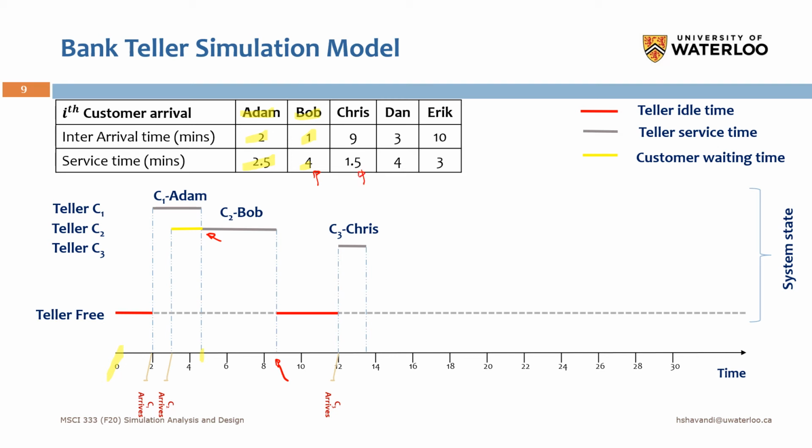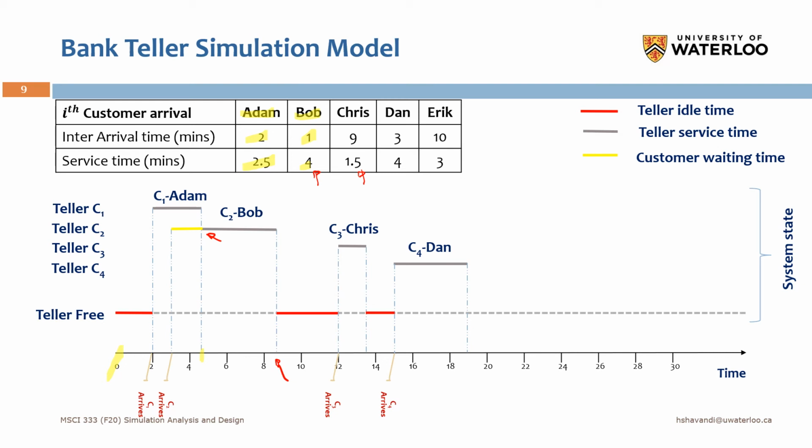So 12 to 13.5 will be the service time for Chris. And again from 13.5 up to 15, the teller will be free, because Dan is supposed to arrive at time 15, 3 minutes after Chris arrives.